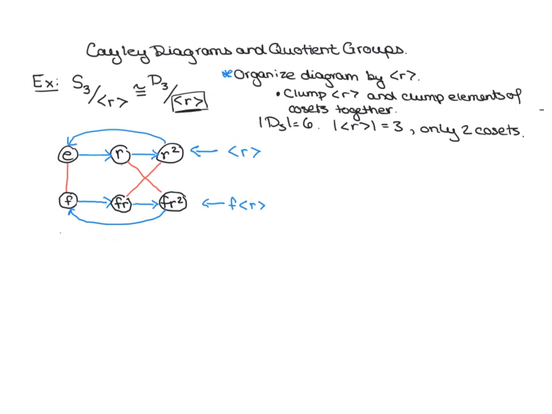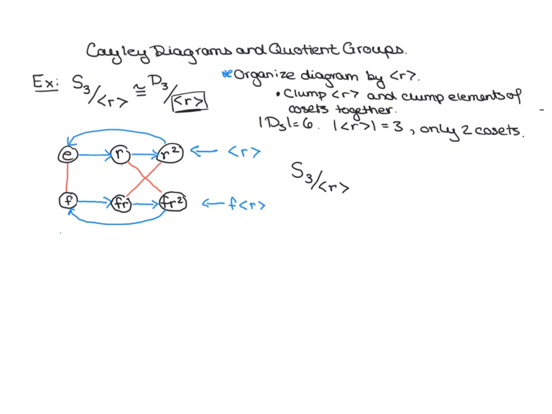And this is really where a lot of the work comes in. Now, in order to see S3 quotient R, I can clearly see the cosets in each row.